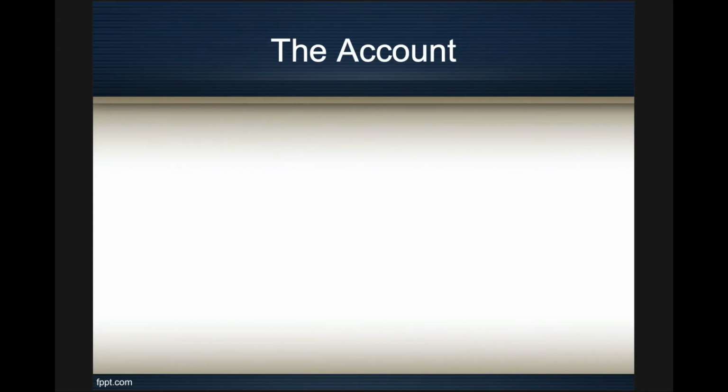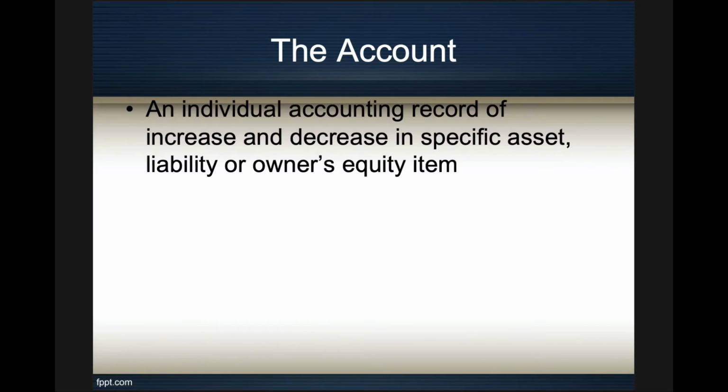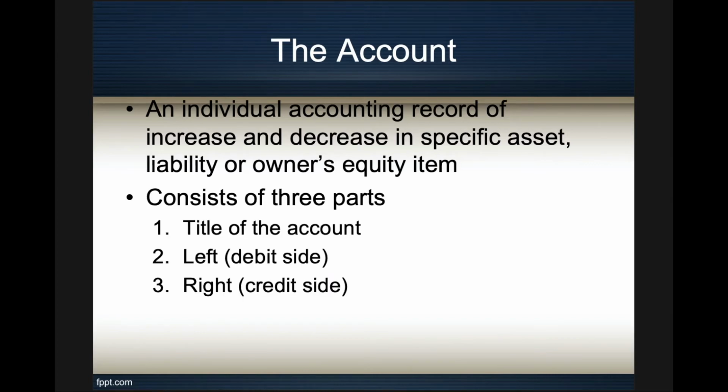So let's start with the account. The account is an individual accounting record of increase and decrease in a specific asset, liability, or owner's equity item. An account consists of three parts. We have the title of the account, which can be cash, accounts receivable, accounts payable, or other accounts.